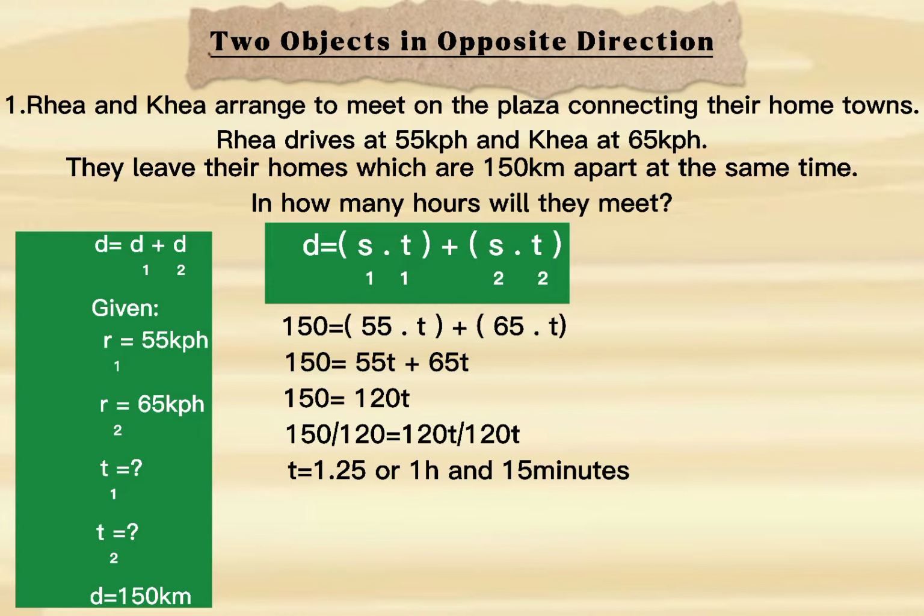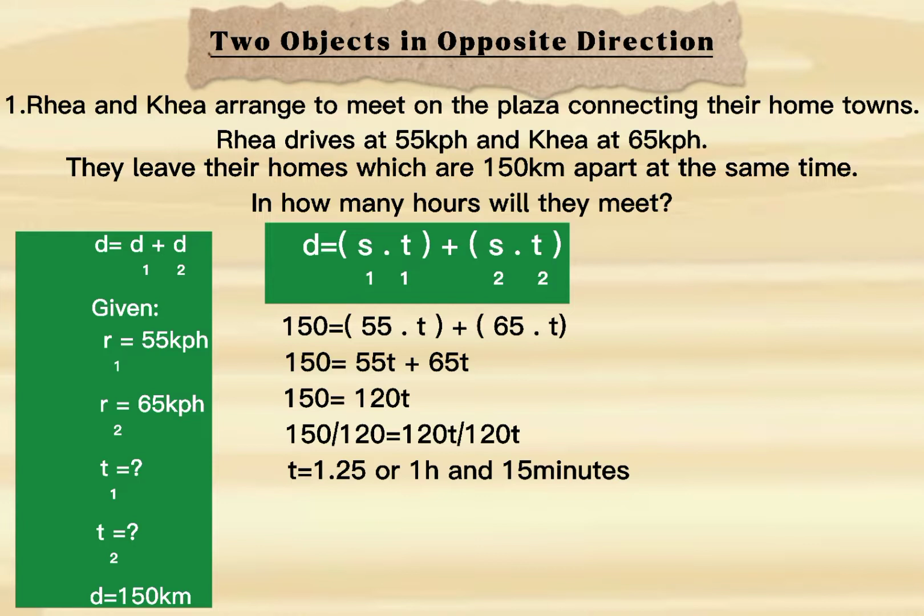So let's distribute all the given numbers. We have our distance which is 150 equals the speed of the first person, 55, times the time of the first person na hindi binigay, plus 65 of the second person times the time of the second person which is hindi rin binigay. Bring down 150, 55 times t, that will give us 55t, plus 65 times t, 65t.